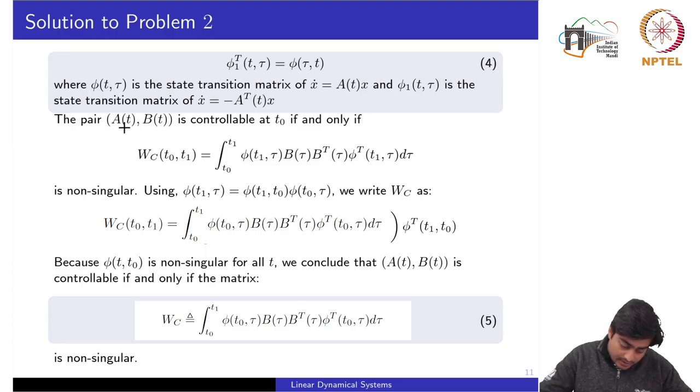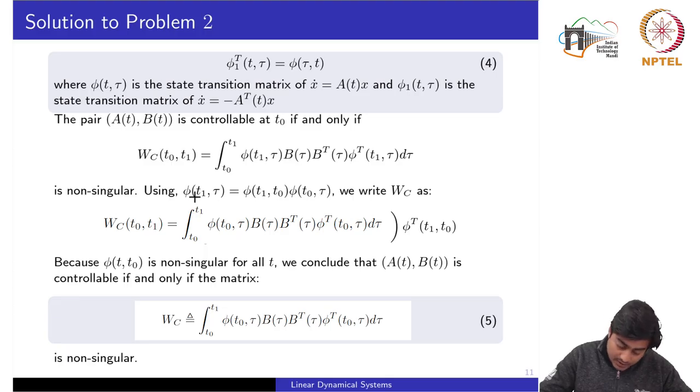So we had seen that the pair (A, B) is controllable if this matrix is of full rank. So again we are using one of the properties of the state transition matrix, that if I take some time t naught in between t1 and tau, then I can write phi(t1, tau) as the multiplication of two phi's, as phi(t1, t naught) and phi(t naught, tau).